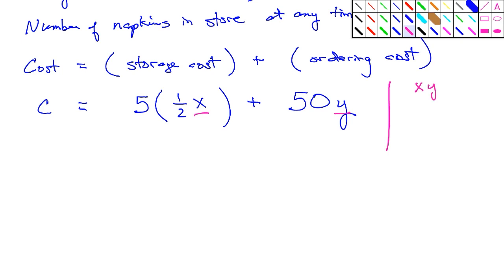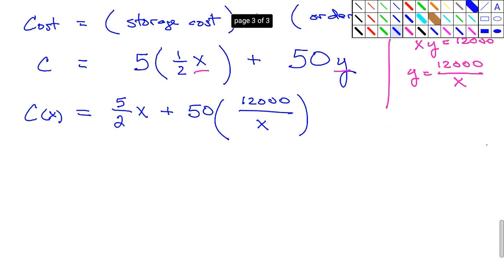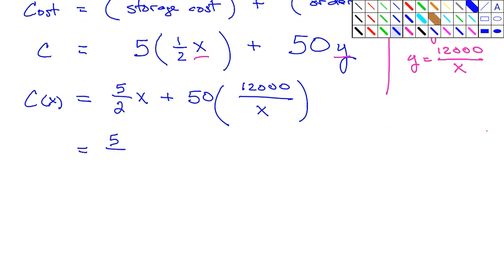So I'm going to take my equation that was the constraint, X times Y equals 12,000, and I'm going to solve it for Y. That creates the function C of X is equal to 5/2 X plus 50 times 12,000 over X. And then we can work this out. 5/2 X plus 50 times 12,000.